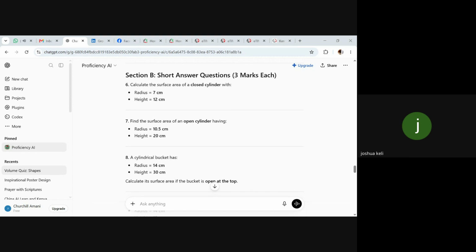So 2 times 22/7 times 10.5 times 20. The first one we get pi r squared, we get 346.5, plus 1320, we get total is 1666.5 centimeters squared as a surface area of the open cylinder.